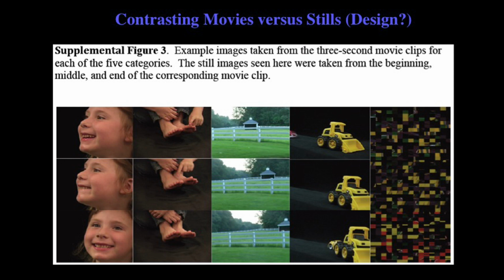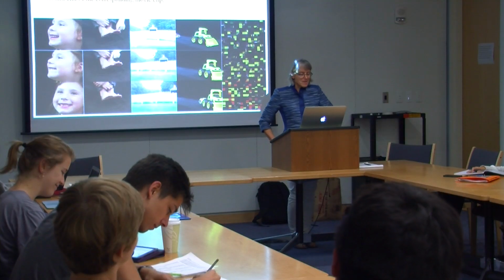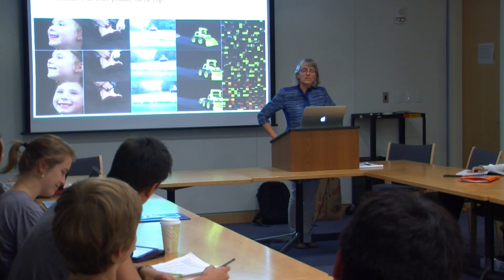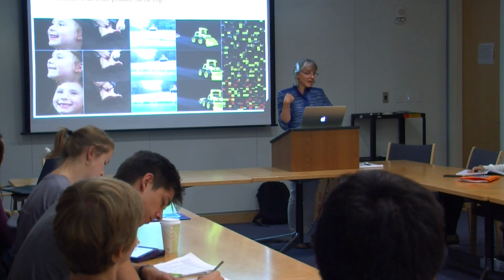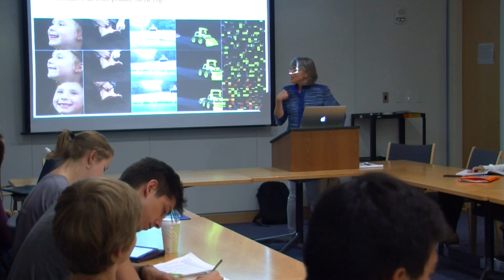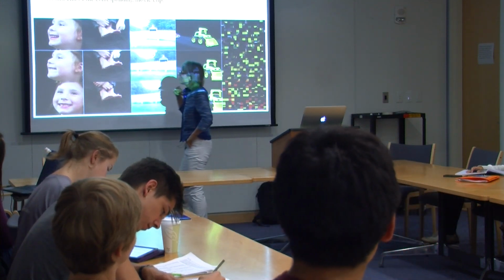So then we thought, why is it speaking up so strongly with these movies? Does it really require motion? David Pitcher, who was then in my lab, having just come over to learn functional MRI, the TMS whiz, said, let's look at that seriously. So we took our 3-second movie clips, like the ones you saw me be scanned on, and we took each one and broke them into 3 1-second stills.